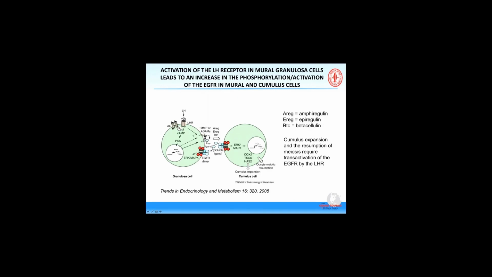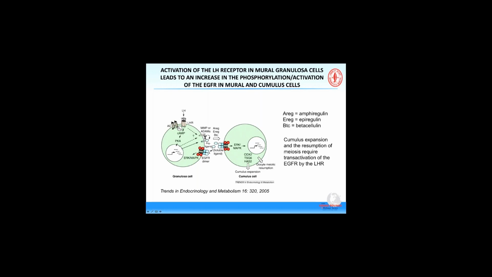So what is thought to happen is when we have a granulosa cell, and granulosa cell in this case means the mural granulosa cell, when you have LH binding to the LH receptor, then you get an increase in the synthesis of amphiregulin, epiregulin, and beta-cellulin.